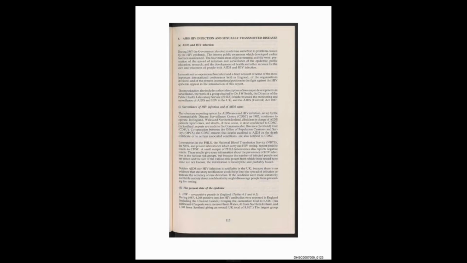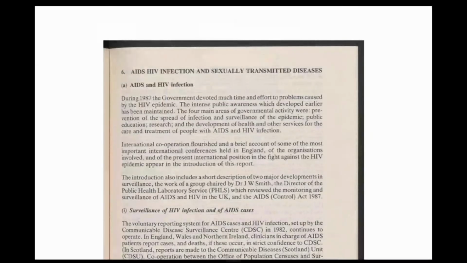Starts by saying that during 1987, the government devoted much time and effort to the problems caused by the HIV epidemic. The intense public awareness which developed earlier has been maintained, and it talks about 4 main areas of activity: public education, research, the development of services for care and treatment.